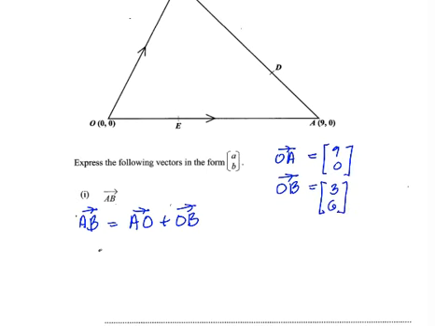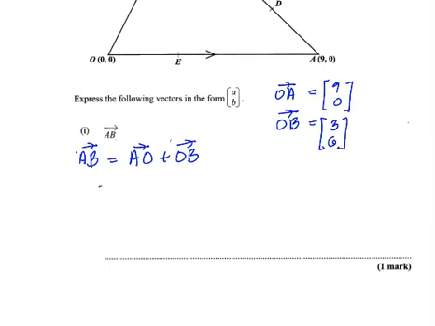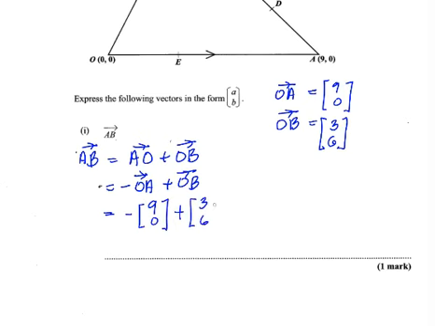Now this is equal to minus the vector OA plus the vector OB, since AO is minus the vector OA. So what we have here is minus (9, 0) plus (3, 6).